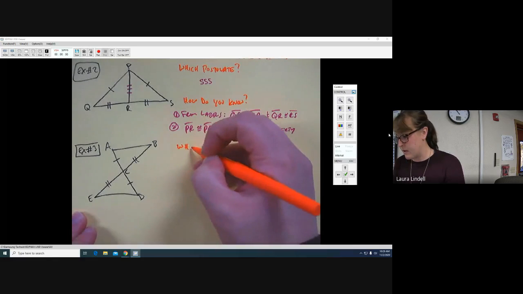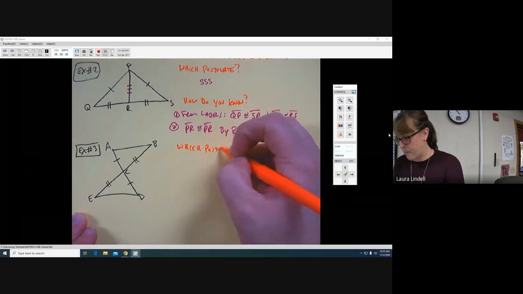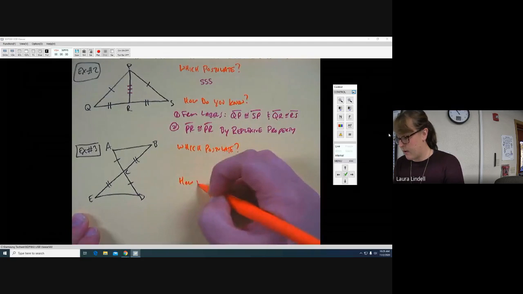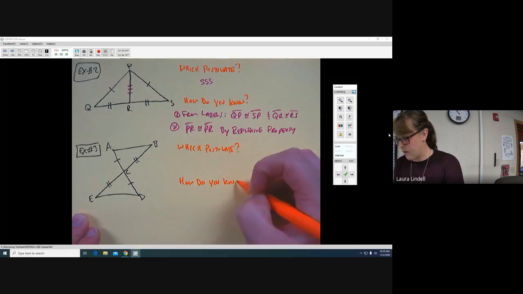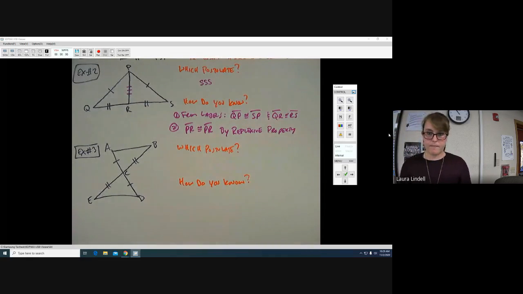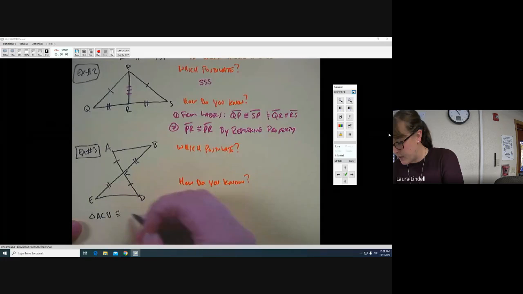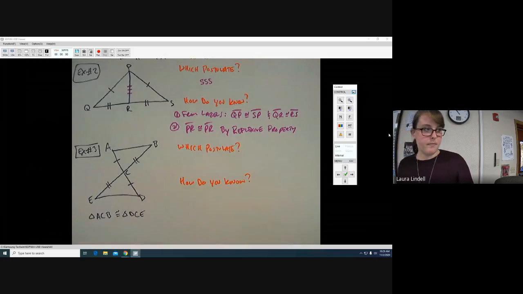Which postulate? And how do you know? Which postulate? How do you know? And we might also be told something like angle ACB is congruent to angle DCE there.